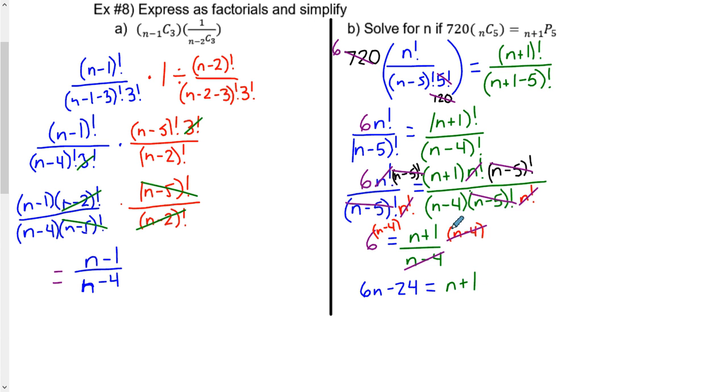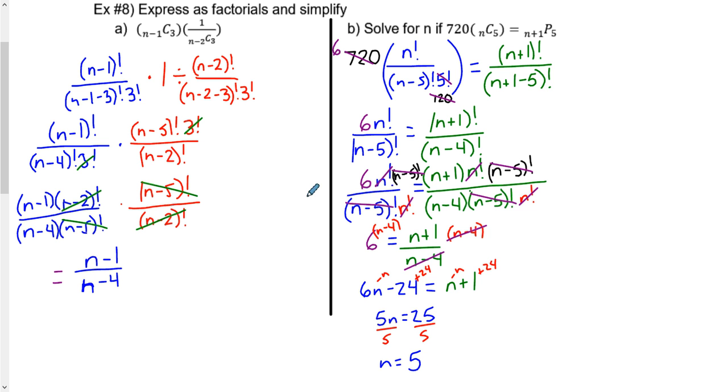Move our n's over, move our 24 over. So subtract n, add 24. And we'd have 5n equal to 25. Solving for n, divide by the 5, n equals 5.